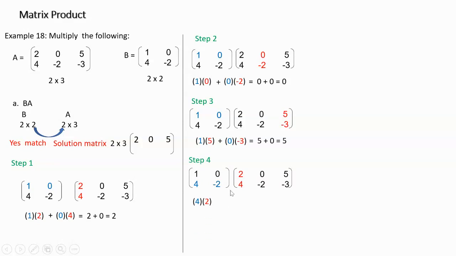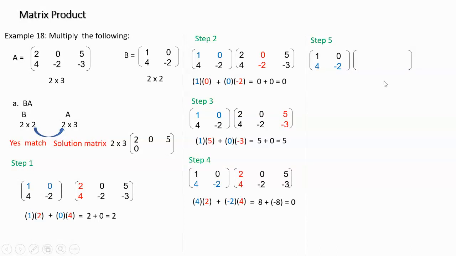4 times 2 is 8. Negative 2 times 4 is negative 8, so it's going to give us 0. Then we continue to step 5. Again, we're going to multiply the second row times the second column. 4 times 0, negative 2 times negative 2 is going to be 0 plus 4, which will be 4.